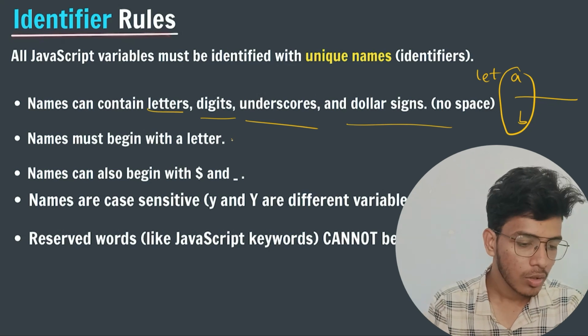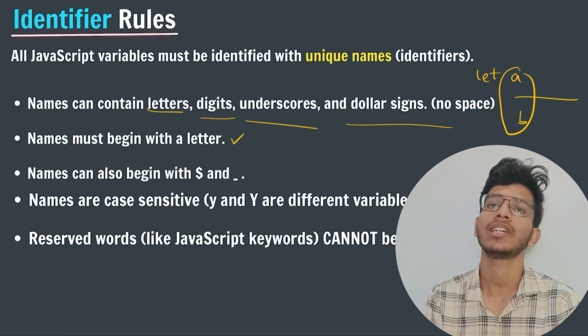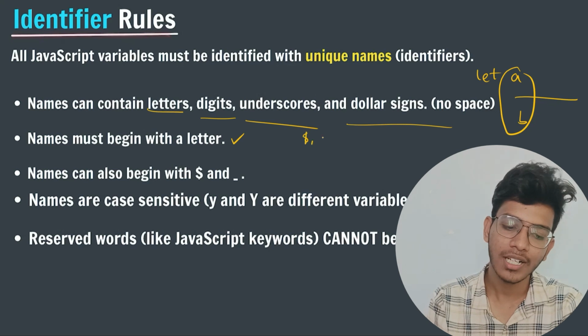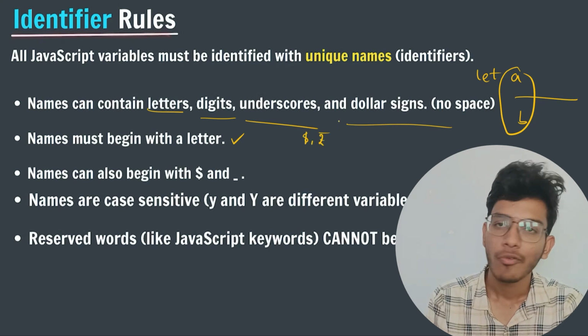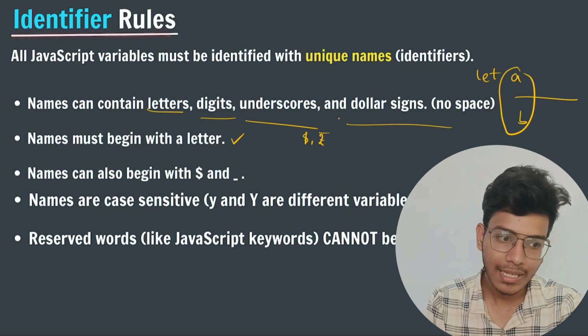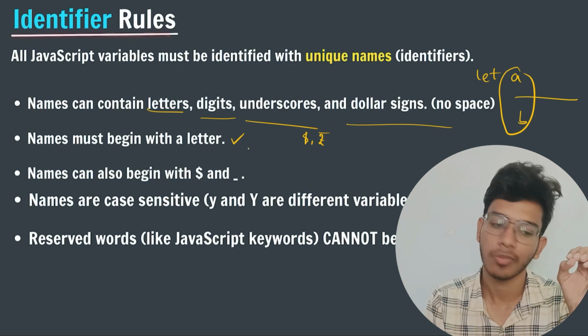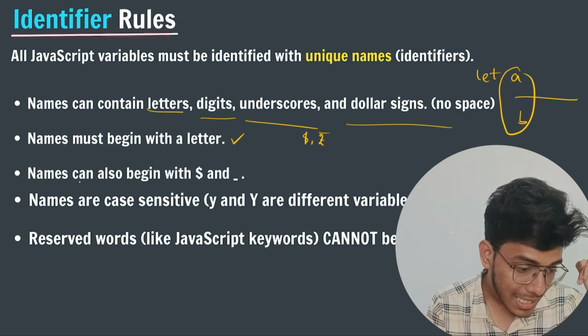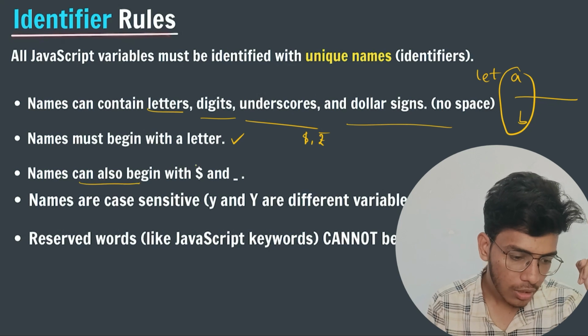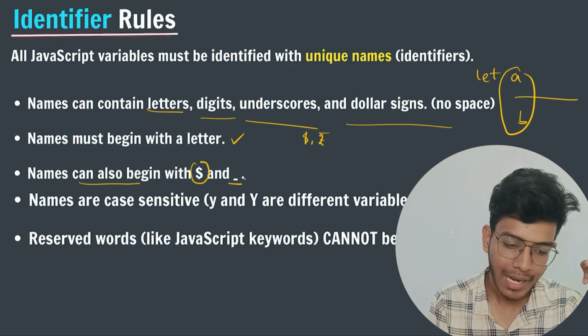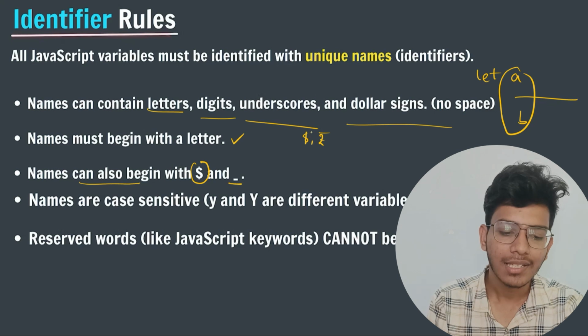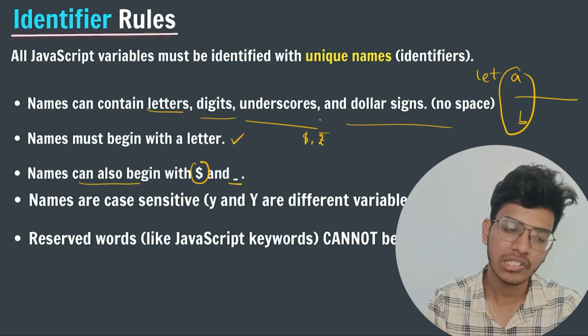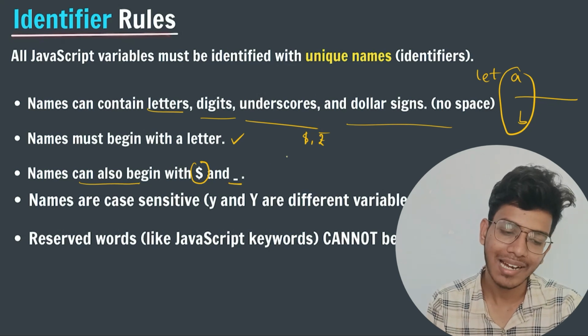Now it has to begin with a letter. We cannot begin with a dollar symbol or a rupee symbol. We cannot declare a variable starting with a symbol. Now a name can also begin with dollar and underscore. I think this is the only exception, which is we can start with dollar and underscore.